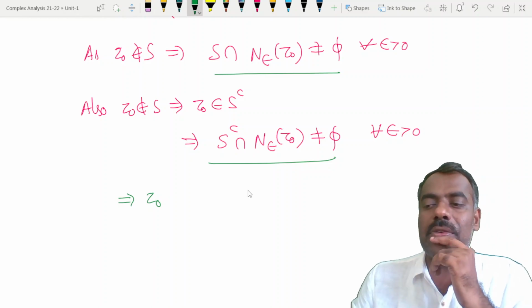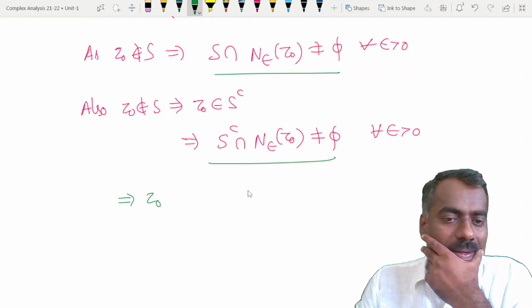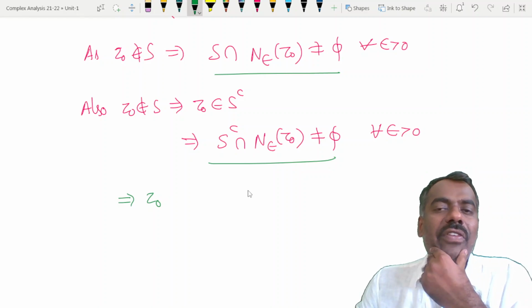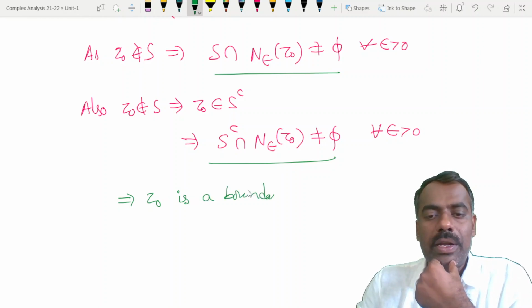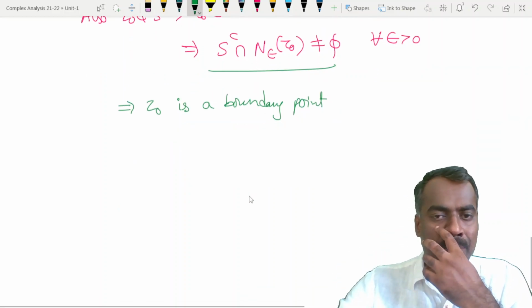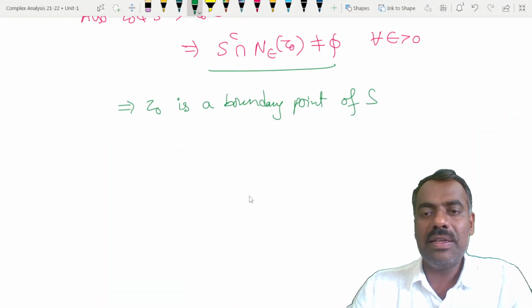So therefore, what can you say about this Z naught? By definition, boundary point. Very good. It is a boundary point. Yes or no? So we can conclude that from the above two, Z naught is a boundary point of S, right?